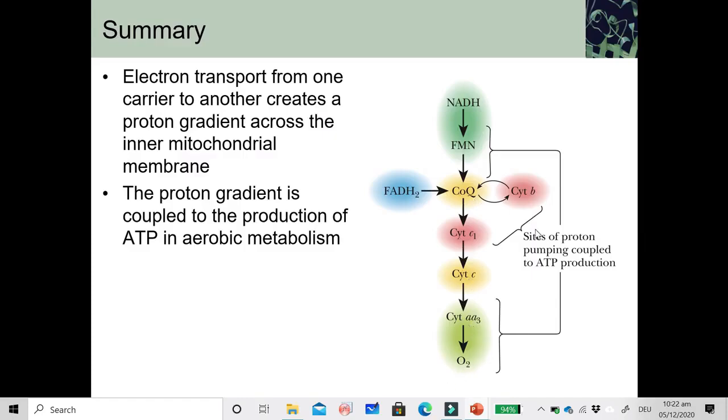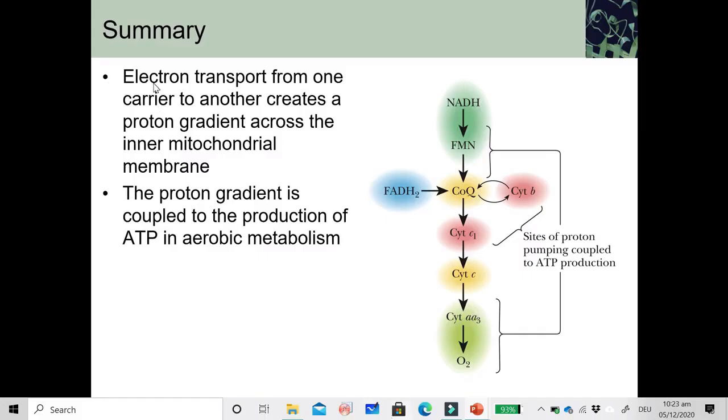till ultimately the electron is transferred to oxygen. There are 4 complexes involved in this case, but of the 4, only 3 involve proton pumping. And of these 3, they transport protons from the matrix to the intermembrane space. So the transfer of electrons from one carrier to another, say for example from NADH to FADH2 through these intermediates and ultimately to oxygen, leads to the creation of a proton gradient through pumping of protons from the matrix into the intermembrane space.